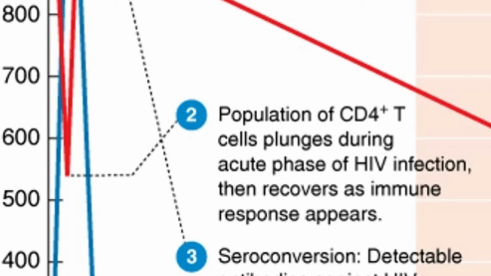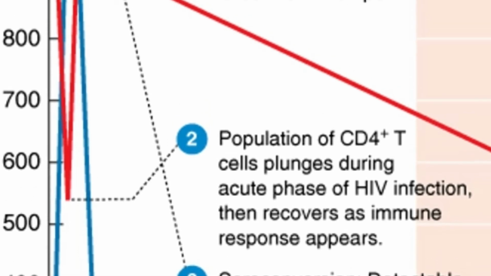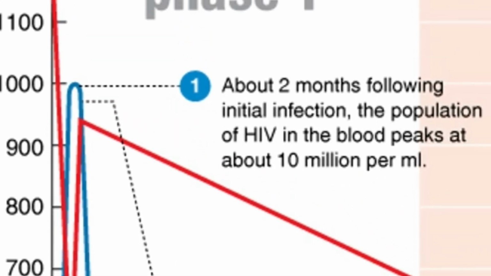So virus comes in, attacks, these helper T cells die, release tons of viruses, and notice right after infection, about 2 months after infection, the population of HIV in the bloodstream is higher than it will ever be. It's about 10 million viruses per milliliter of blood. Really, really high as compared to what it will ever be again.